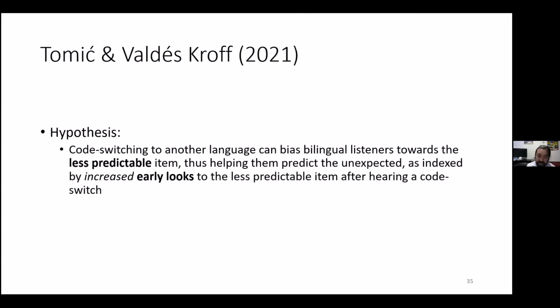We want to lay out that exact same hypothesis with code switching. Will code switching then bias bilingual listeners to expect something that's less predictable downstream, okay? So in other words, we call this predicting the unexpected. And we're going to index this by increased earlier looks to the less predictable item after hearing a code switch.